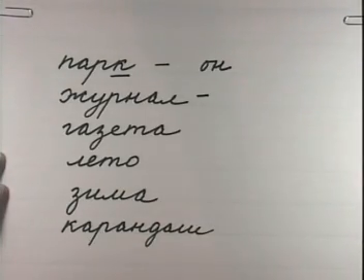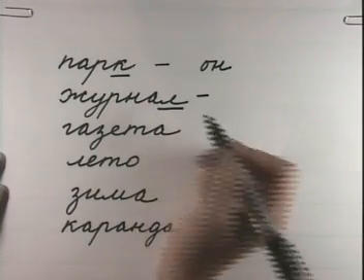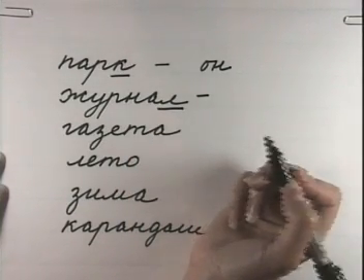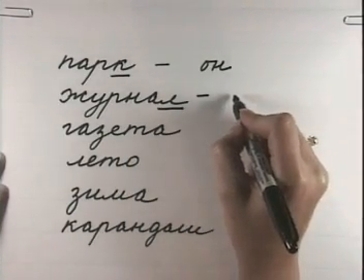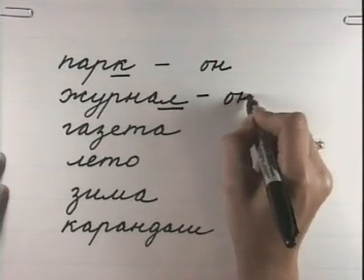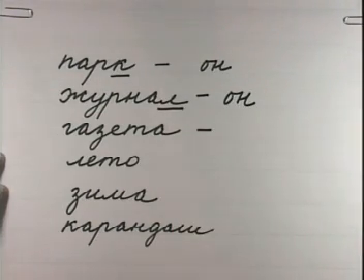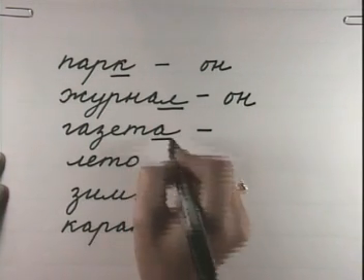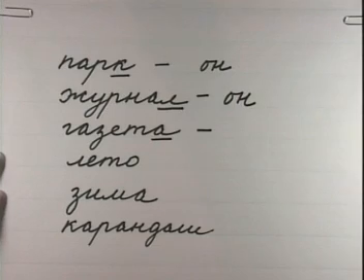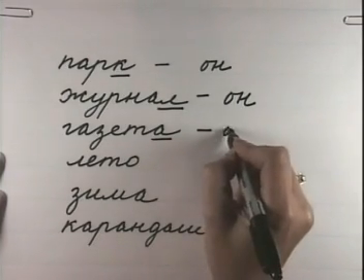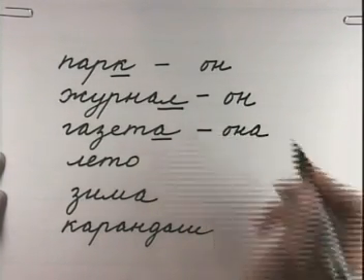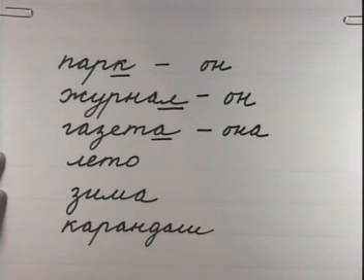Журнал, masculine, so we replace it with он. Now газета ends in а. It's feminine, and it can be replaced with она.